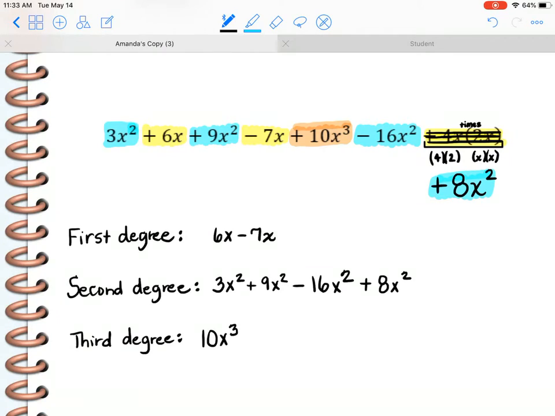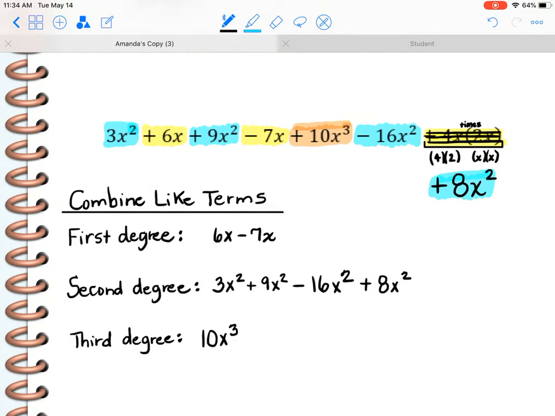So this process that I have done here is called, at least we've started, combining like terms. We're putting all of the first degrees together and all of the second degrees, and we just had only one third degree. So combining like terms, that's what this is called.